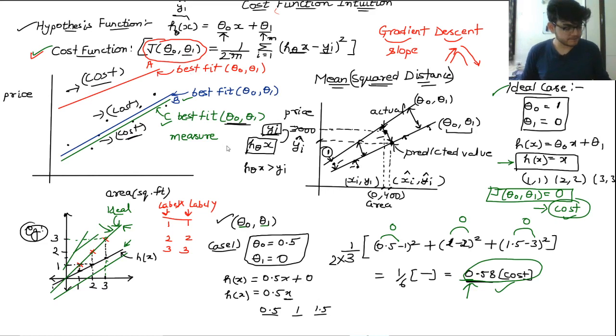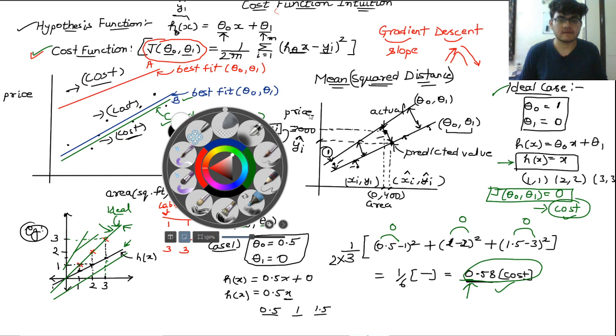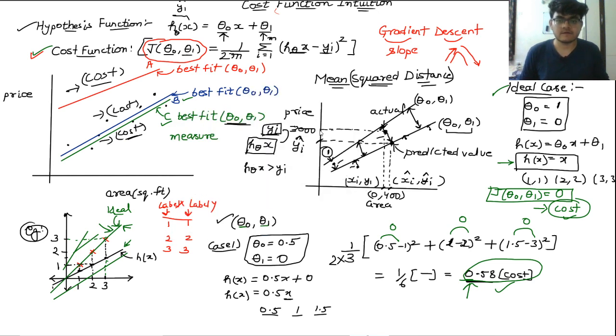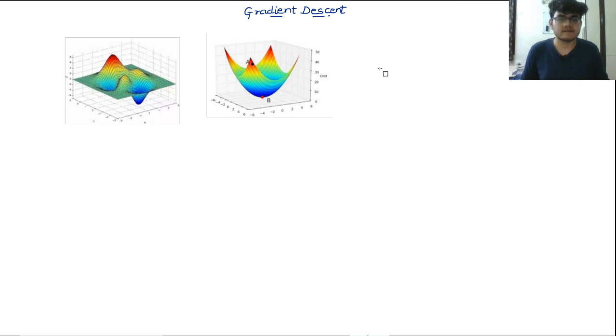So if we try to draw a graph of this, I will take you to gradient descent. If I try to draw the graph, you will have to analyze this in 3D. So this line will represent the value of the function J(theta 0, theta 1).